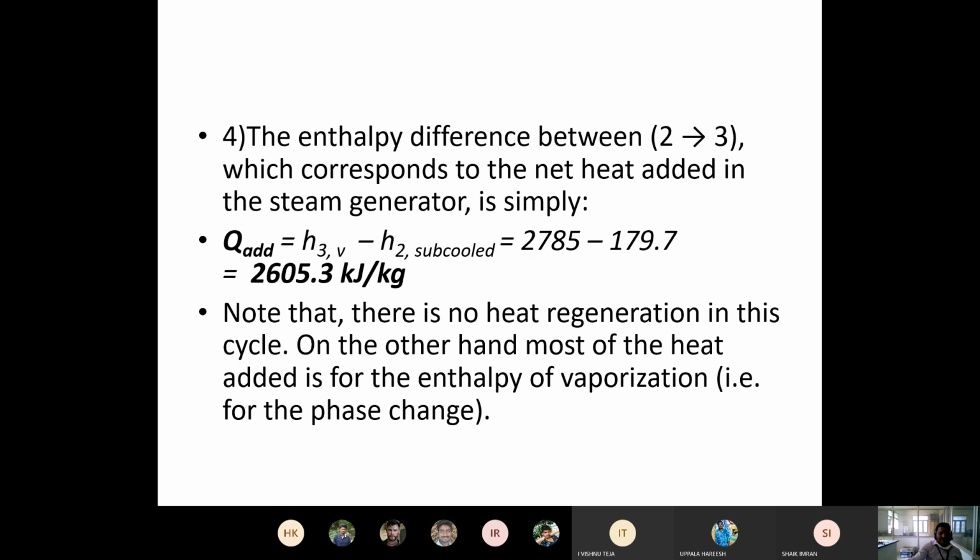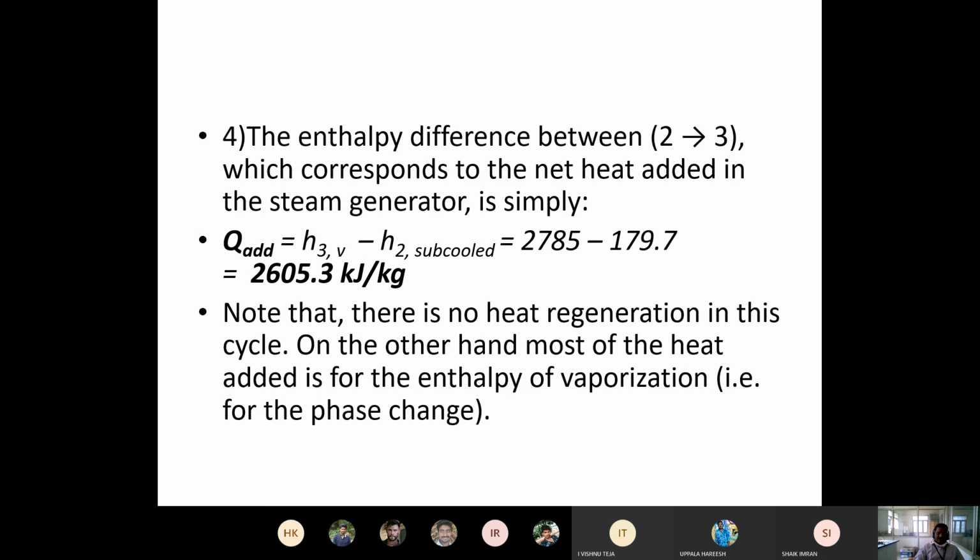And what is the fourth required data? Enthalpy difference between state 2 to 3. This is nothing but heat addition to the steam at constant pressure. Okay, Q added, this is nothing but heat supplied. H3V, this is nothing but enthalpy of the steam at boiler outlet or turbine inlet, minus HF2, subcooled means liquid, HF2.